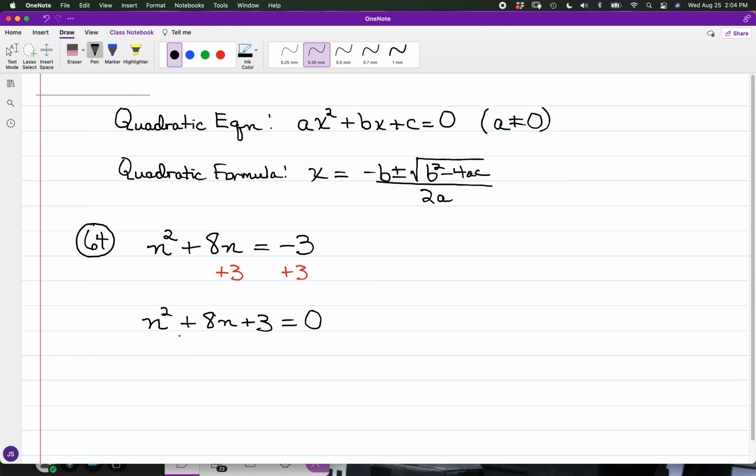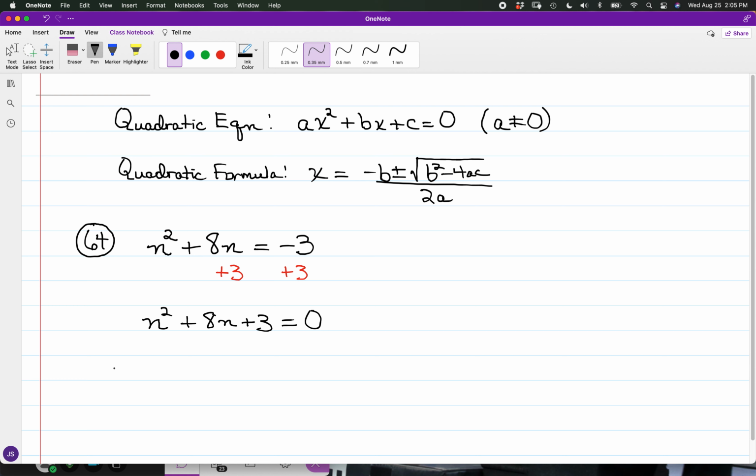We could factor n squared as n times n, but factoring 3 into items that add up to 8, you get 3 and 1, 1 and 3, negative 3, negative 1, and so forth. The combinations will either add up to 4 or negative 4, but not 8.